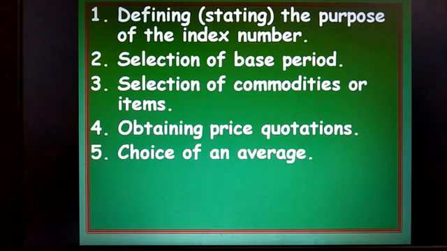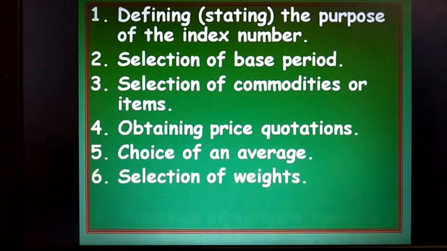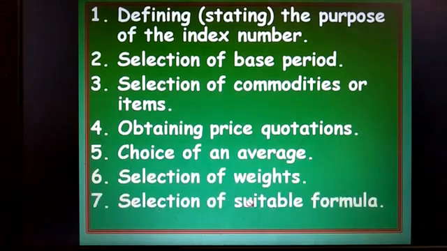So which average to be applied, that choice has to happen. And after that, selection of weights, and then later selection of a suitable formula. Various formulas are available with us. Which is the suitable formula for the given data, we have to observe and apply.